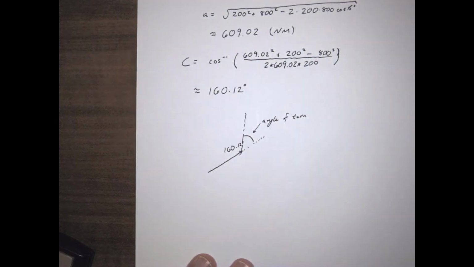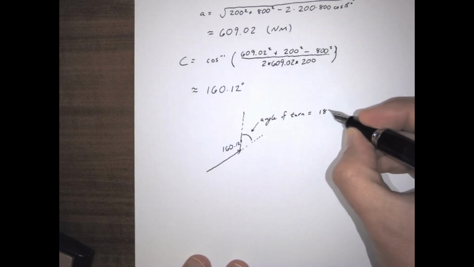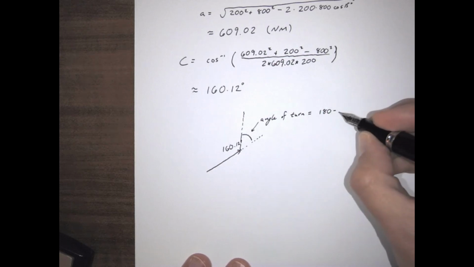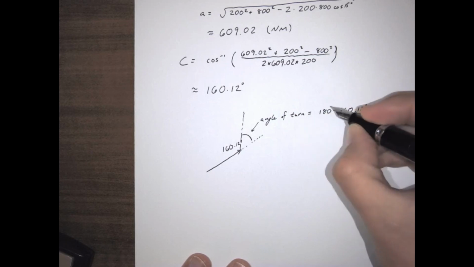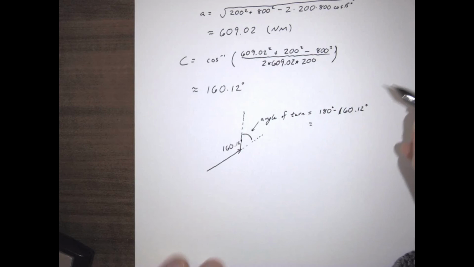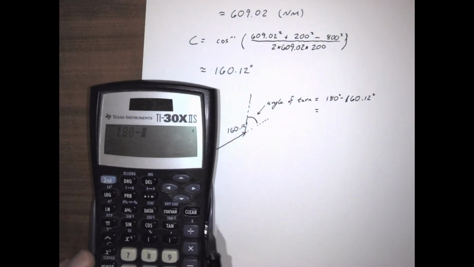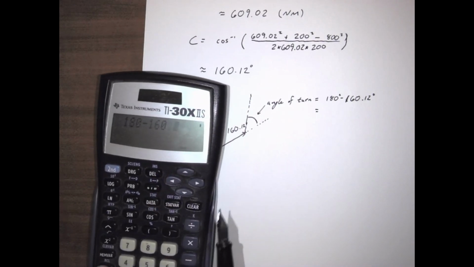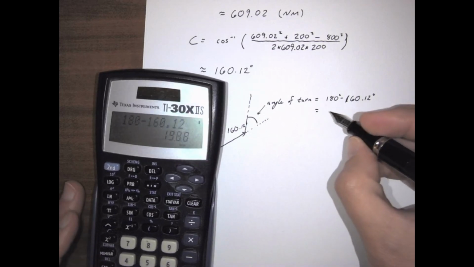The angle of the turn is going to equal 180 minus, so it's the rest of the straight angle here, 160.12 degrees. And so 180 minus 160.12 is 19.88 degrees.